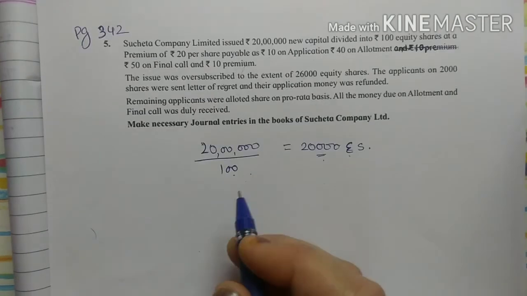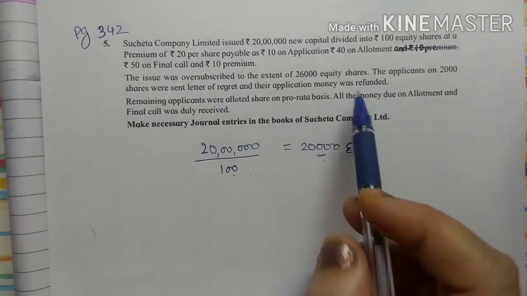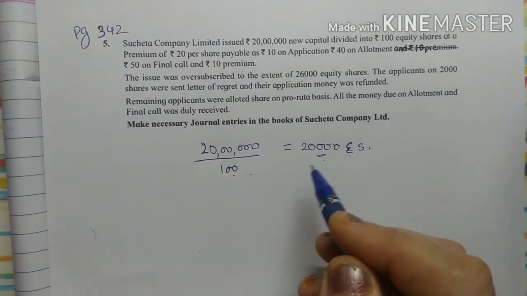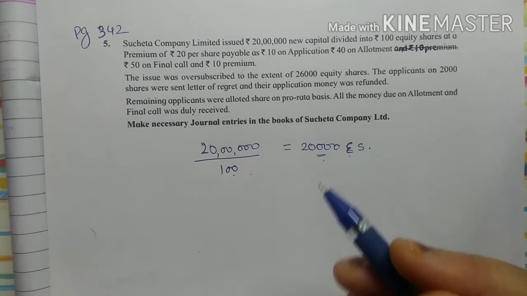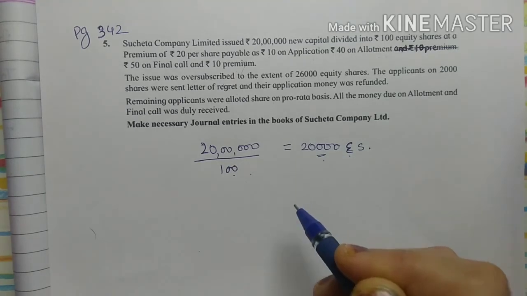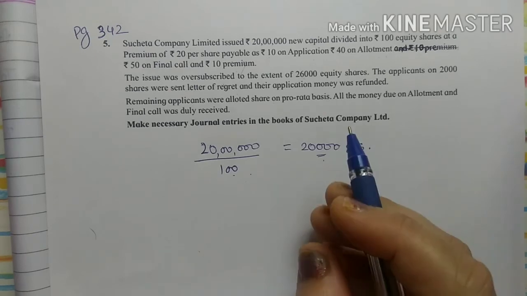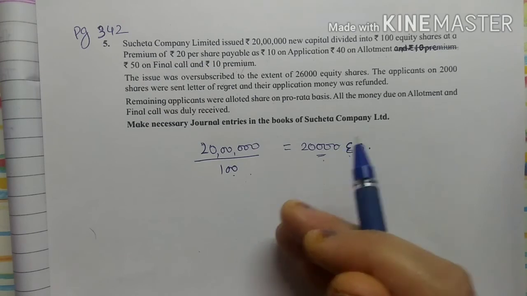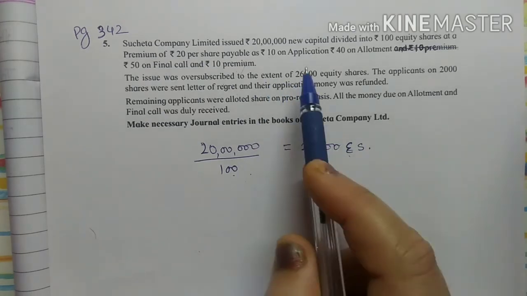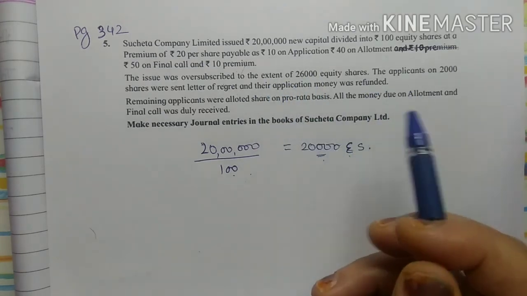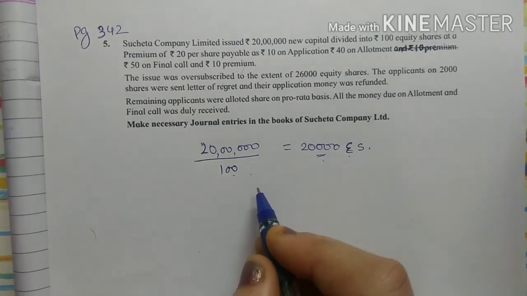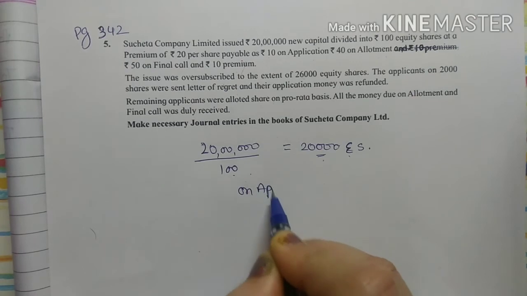Now we will first understand what is the bifurcation of call amounts, right? See, the company doesn't ask the applicants to pay the full 100 rupees at the same time, but they will make different calls, like some amount is taken on application, then on allotment, and then on first and final call. So in this problem, every problem will have such different stages, right? So first we will see the first stage, that is on application.